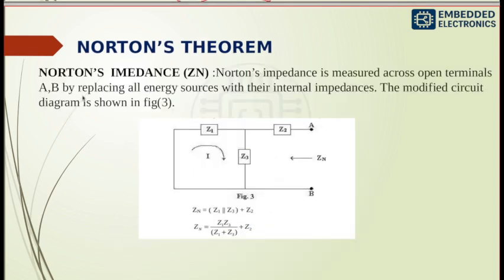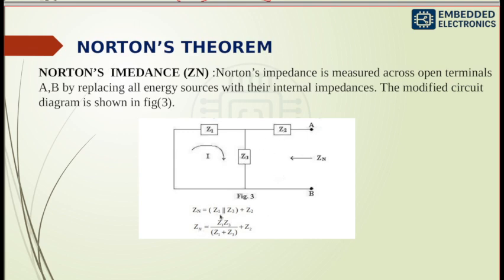Now we need to find Norton's impedance. In the statement we already mentioned it should be found across the open terminal, and we need to replace all energy sources with their internal impedance, then the circuit becomes like this. Now Zn equals Z1 parallel to Z3 plus Z2.